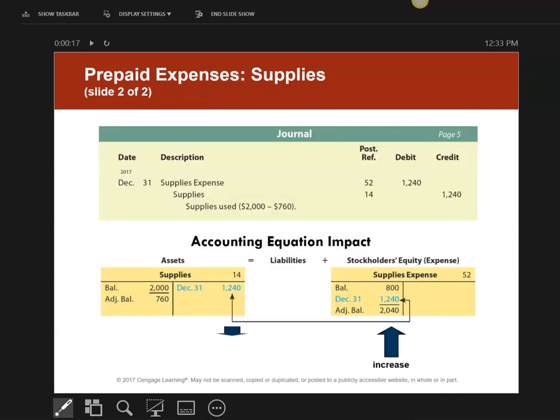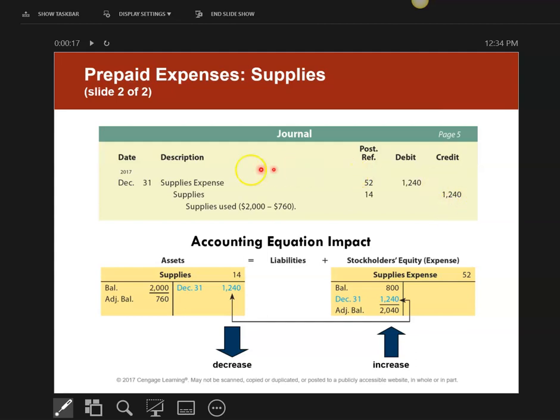So here's my journal entry for prepaid expenses supplies. Always exactly the same thing. Supplies expense is debited. Supplies is credited. Always, always, always. Remember, the amount you put here is the amount of supplies used. Okay? The amount of supplies that have been used goes here.